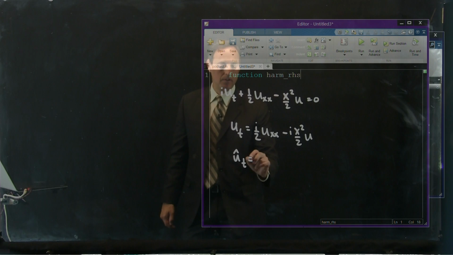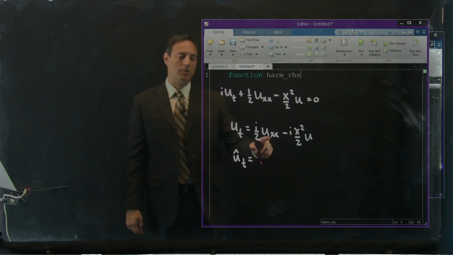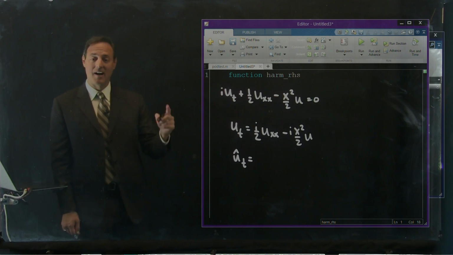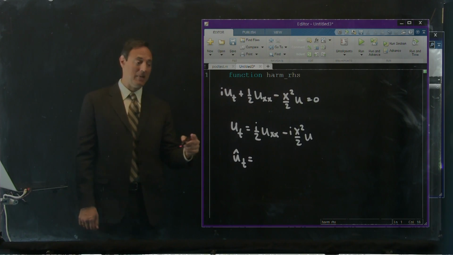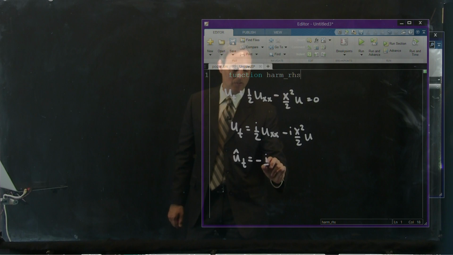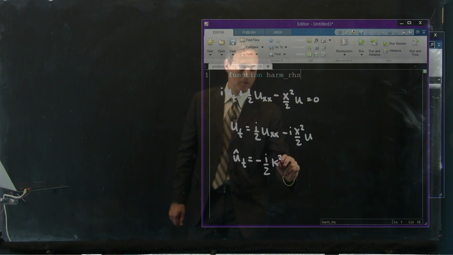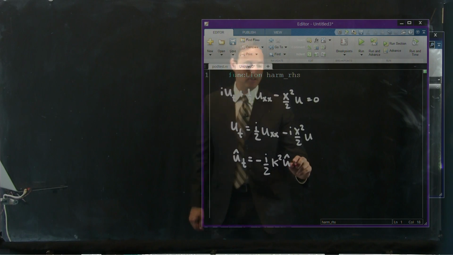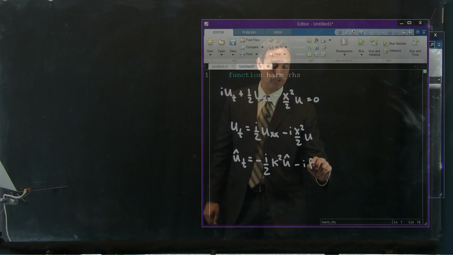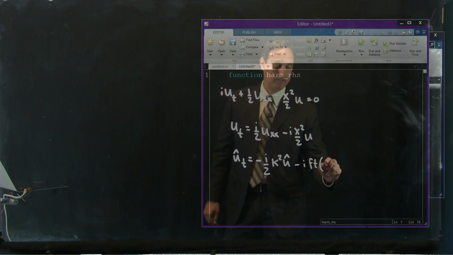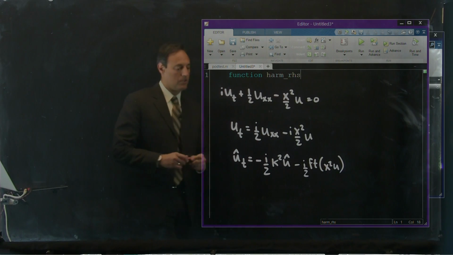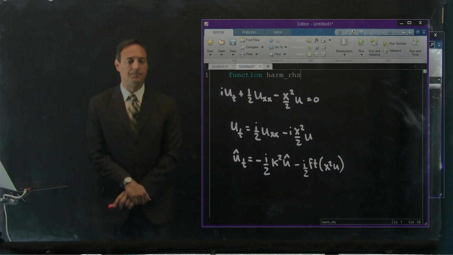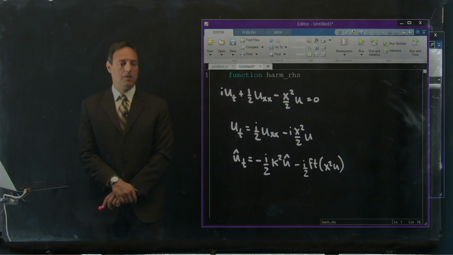I Fourier transform, and I get u hat t is equal to the Fourier transform of two derivatives, which pulls out an ik squared, so you get a minus i over 2 k squared u hat, and then minus i times the Fourier transform of this term here, x squared times u. So there we go. This is our right-hand side right there. That's kind of all you need to do to build this right-hand side from that equation.